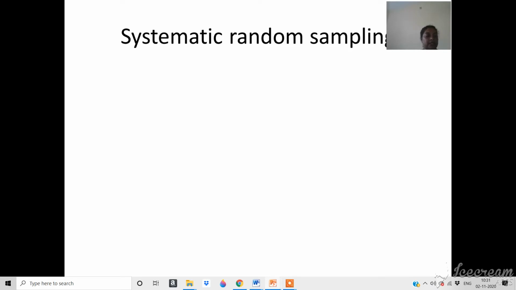So here, first you need to select the total number and then decide the number of groups, and total number divided by groups gives you the sampling interval, or the k value, and then every k will be taken at that interval.